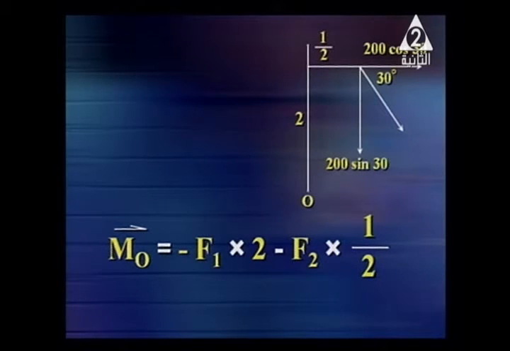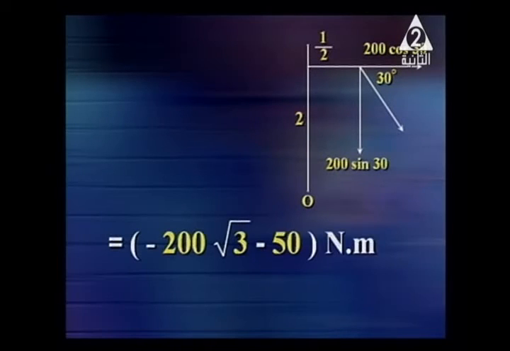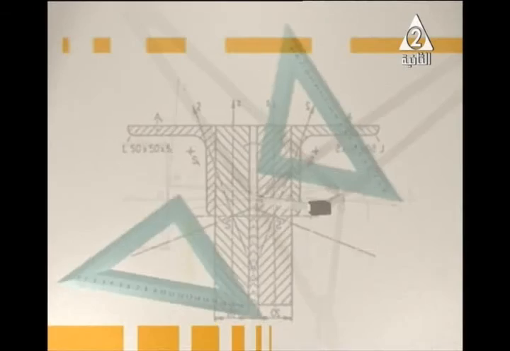Then, using the previous theorem, the moment is negative 100 root 3 times 2, this is F1, minus 100 times 1 over 2, this is F2. The answer is negative 200 root 3 minus 50 Newton meter. This is the moment of the force at point A about the origin point.